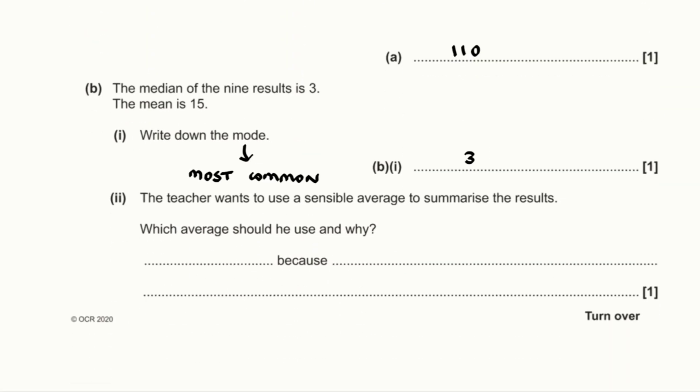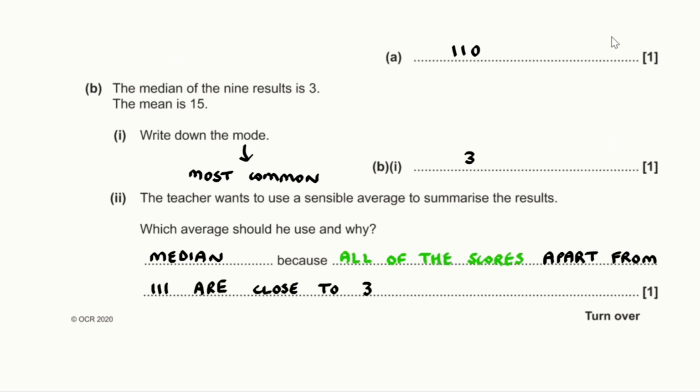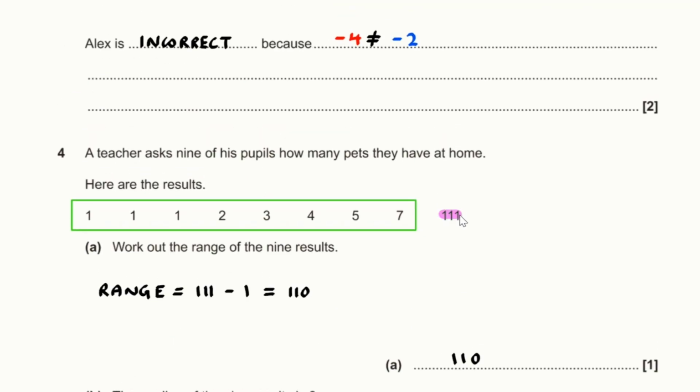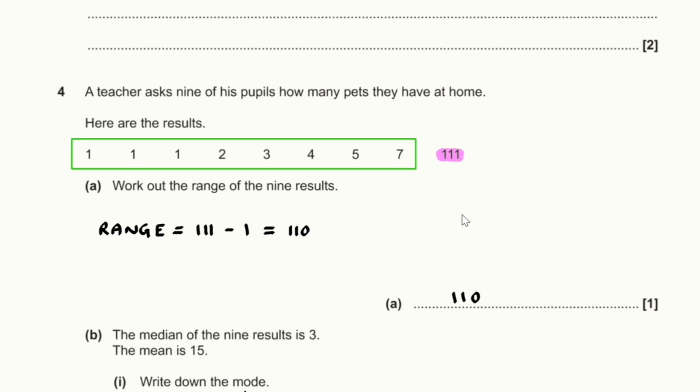So which average should he use then? Well, he should use the median because all of the scores apart from the 111 are close to 3. So this is not close to 3. If I was to use the mean, then the mean will be affected by this outlier.